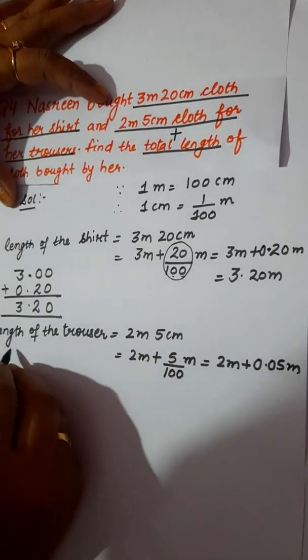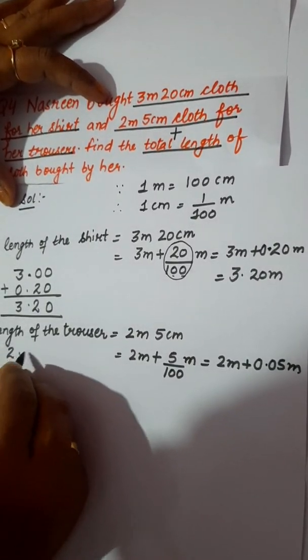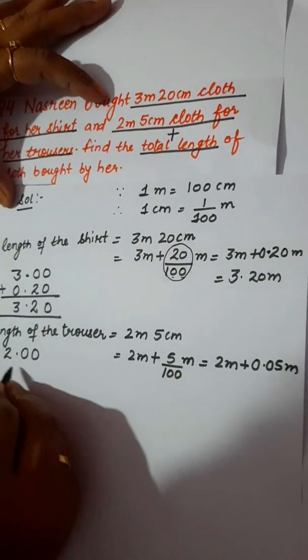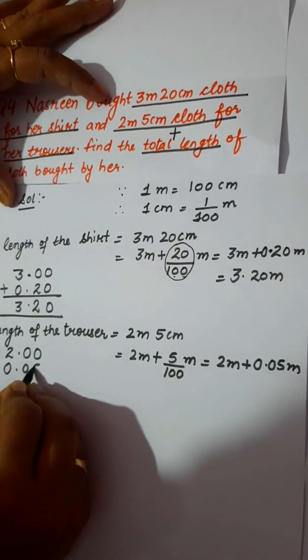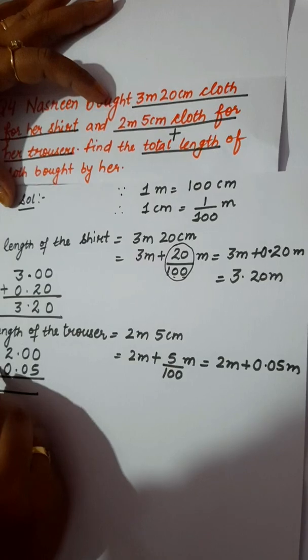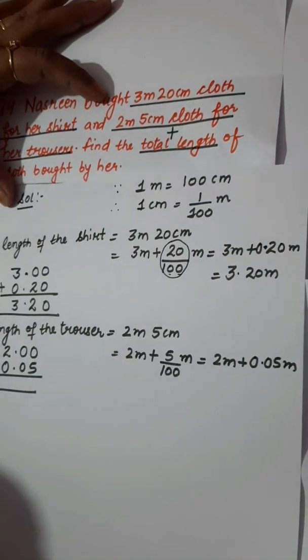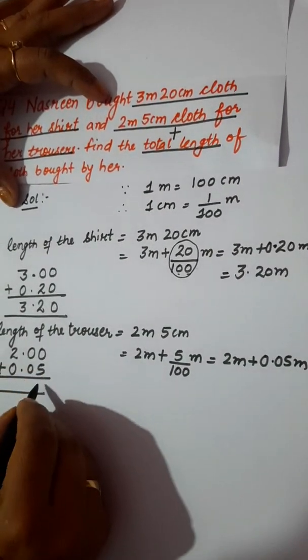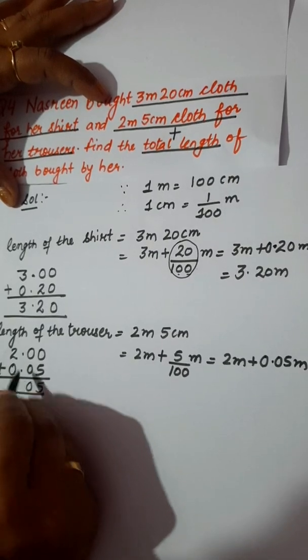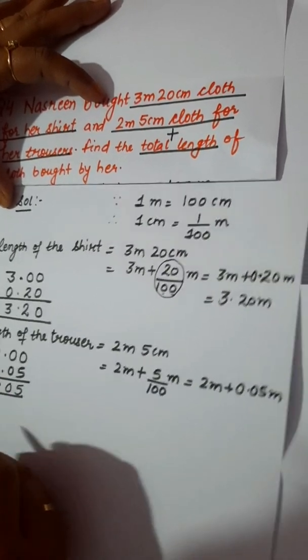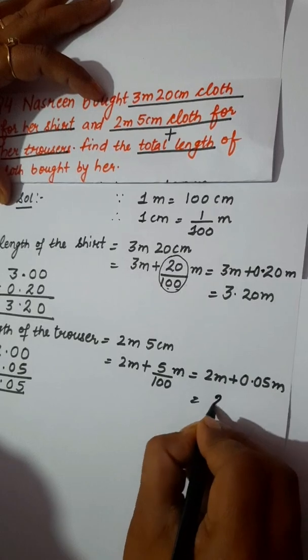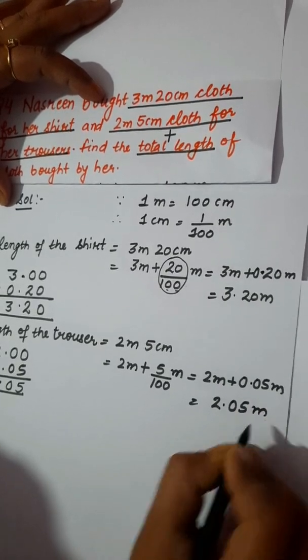Whenever you add, 2 can be written as 2.00, and then add 0.05. 0 plus 5 is 5, 0 plus 0 is 0, decimal, 2 plus 0 is 2. So after adding, you will get 2.05 meter.